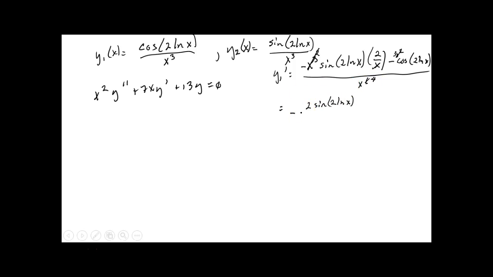I think I'll pull the minus sign out and make it plus 3 cosine 2 log x, over x to the 4th. Now you tell me if I did that right. I think so.